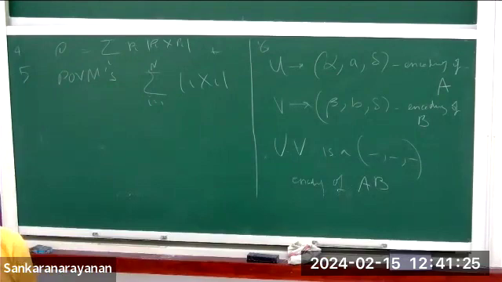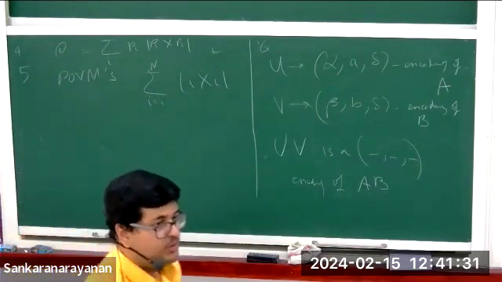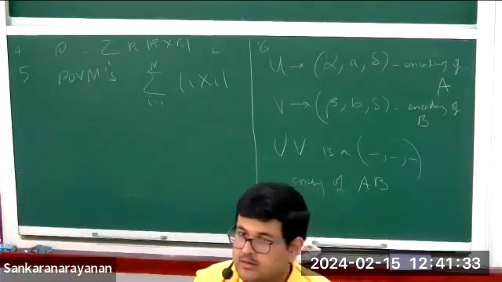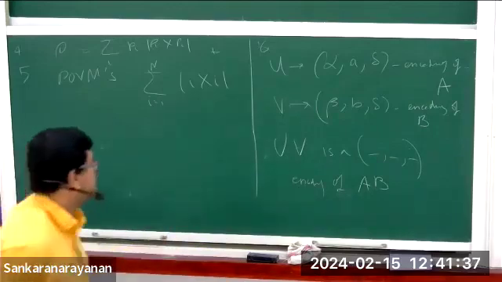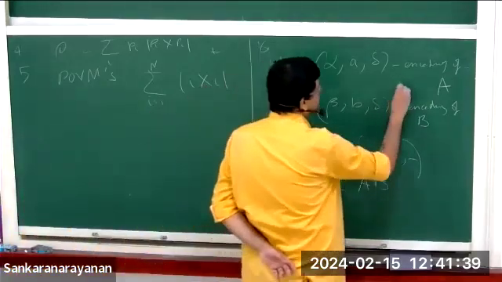So now we are using block encodings as building blocks. Given the block encodings of two different unitaries, these are matrices, general matrices.